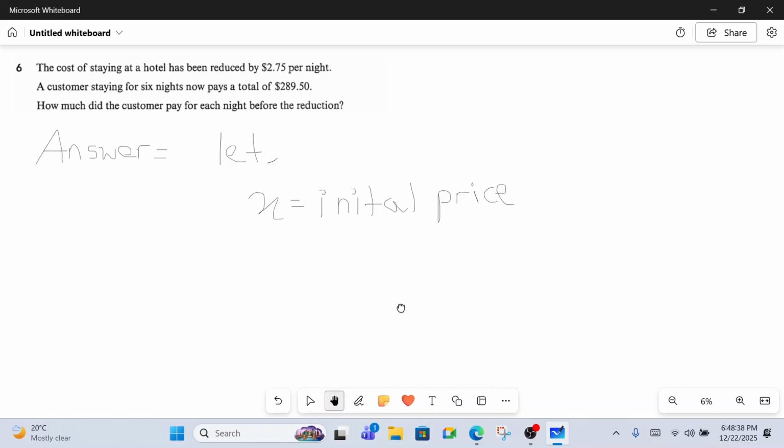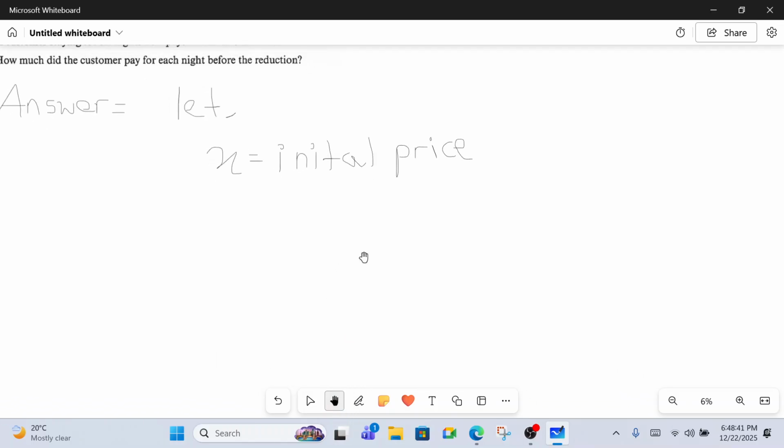So this was the initial price before the discounts or reductions. So this was the price before all of those happened. Now, after reduction.